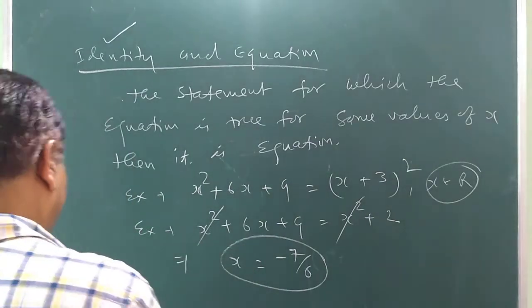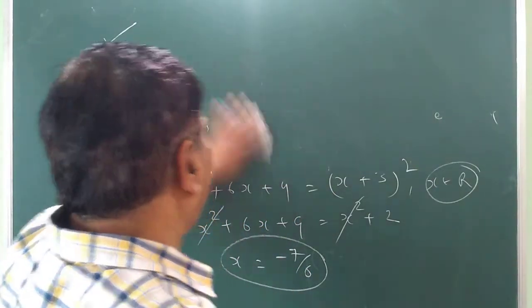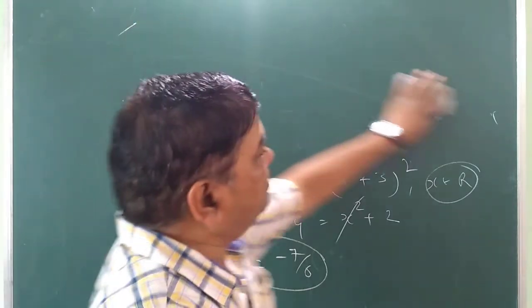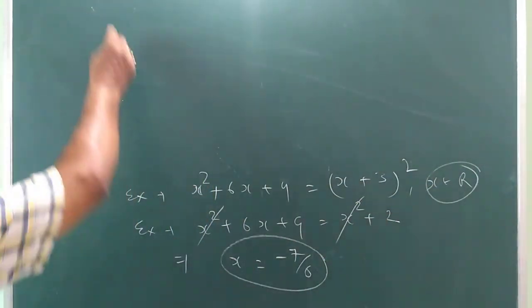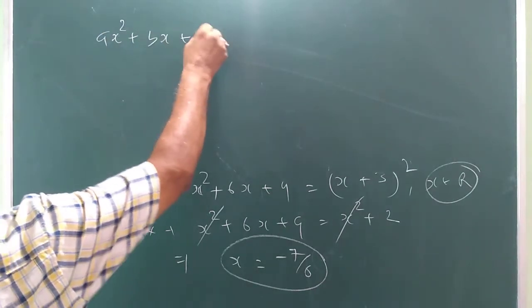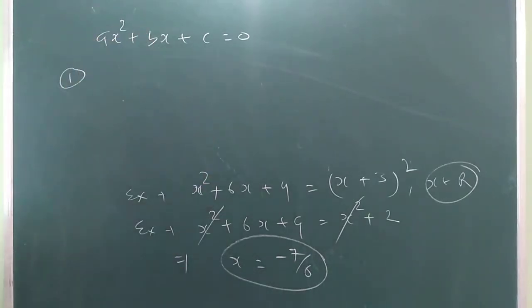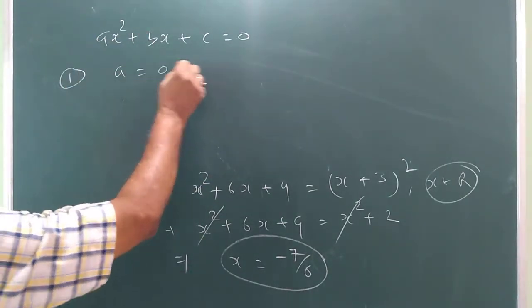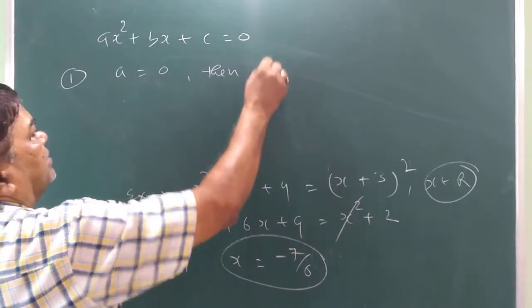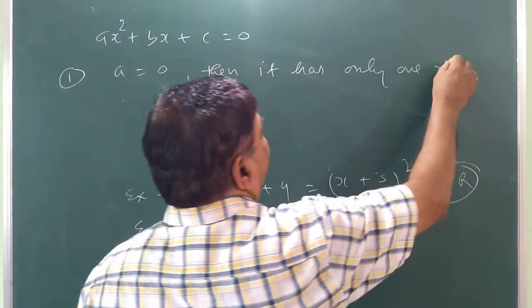Same thing, if we take the case in quadratic equation, that is ax square plus bx plus c is equal to 0. So one thing you have to note here, if a is equal to 0, then it has only one root.